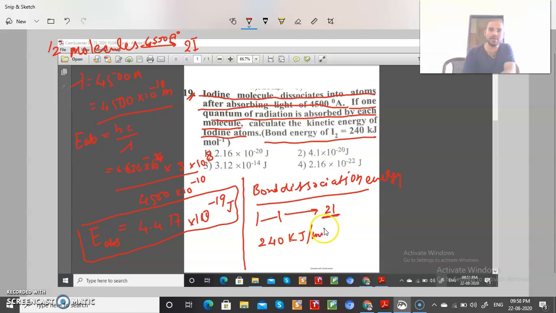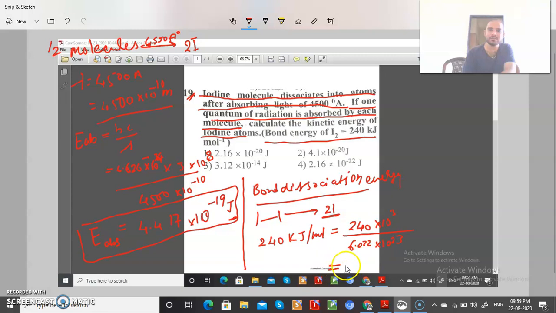What is the meaning of this, student? If you want to convert into joule, because the absorbed energy is in joule and this is in kilojoule, so 240 multiplied by 10 power 3, and per mole is there, so we don't need the mole, so you divide by 6.022 into 10 power 23.